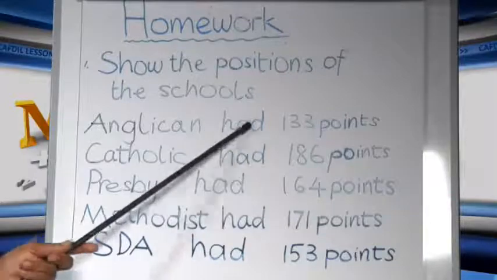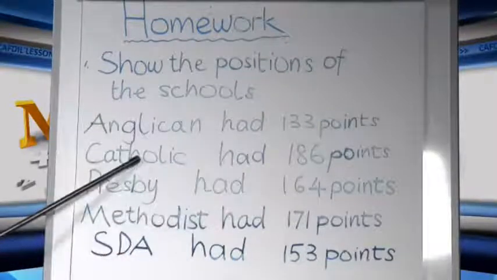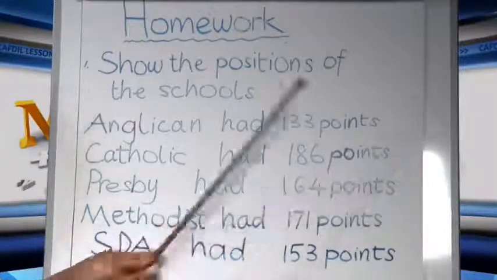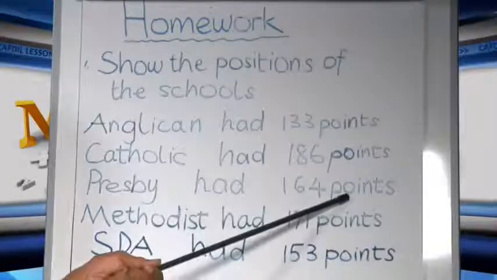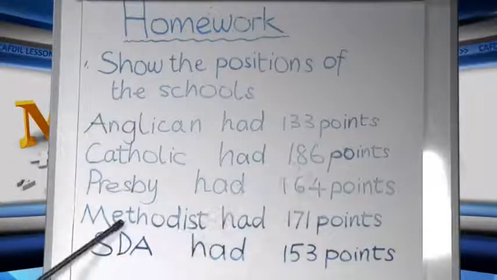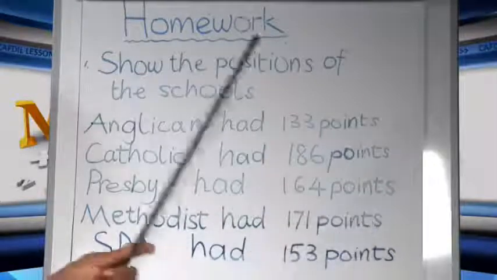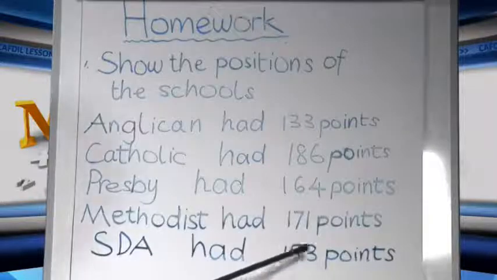Anglican had 133 points. Catholic had 186 points. Presby had 164 points. Methodist had 171 points. And SDA had 153 points.